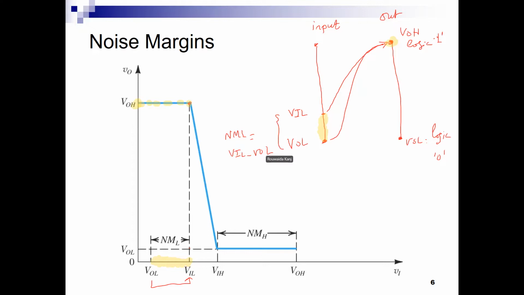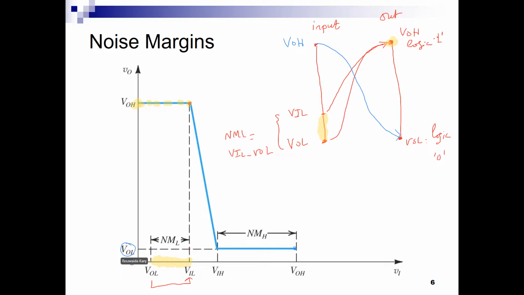Let us first define the terms. Okay? From this graph, I can also see that if my input is VOH, it is going to map to an output equal to VOL. Here it gives me VOL.